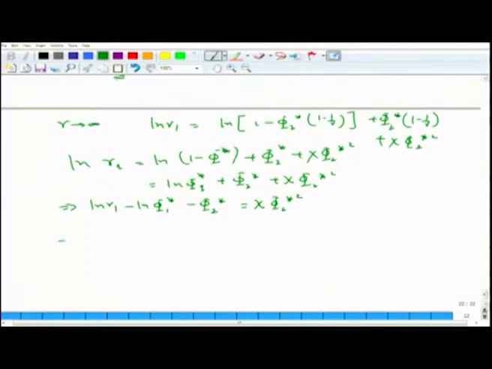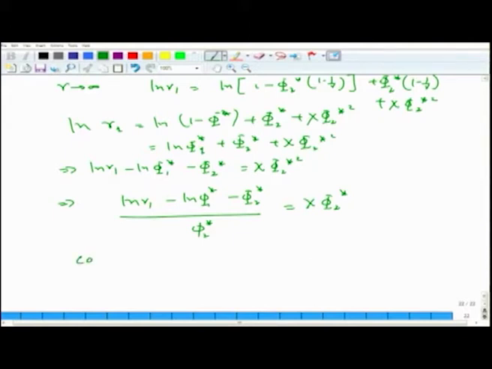Now I can divide by phi 2. This means that ln gamma 1 minus ln phi 1 star minus phi 2 star, divided by phi 2, is nothing but chi phi 2 star. Now, this is something which we can compare with the Scatchard-Hildebrand theory.